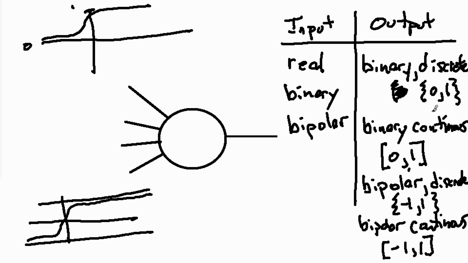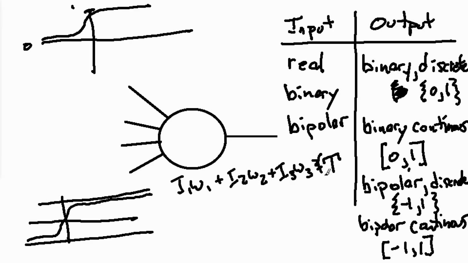The interesting thing about the example that we had is that there was this threshold. We had input 1 times W1, plus input 2 times W2, plus input 3 times W3, and then we said that's greater than or equal to some threshold.